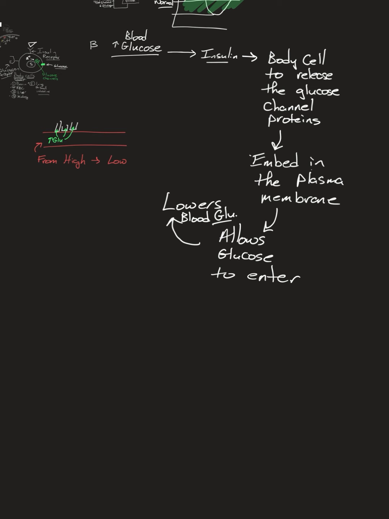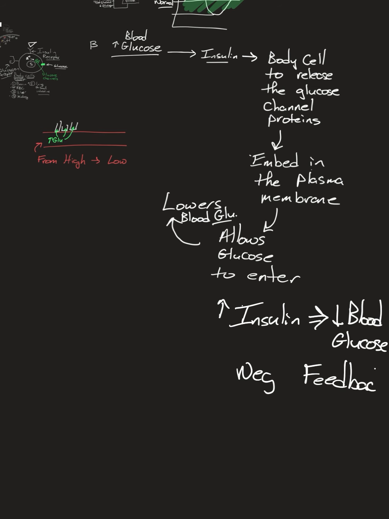So this again is a negative feedback. High blood glucose, increased insulin, lower blood glucose. So increased insulin leads to lower blood glucose. To simplify the flow chart here, increased insulin leads to a decrease in blood glucose. A negative feedback.